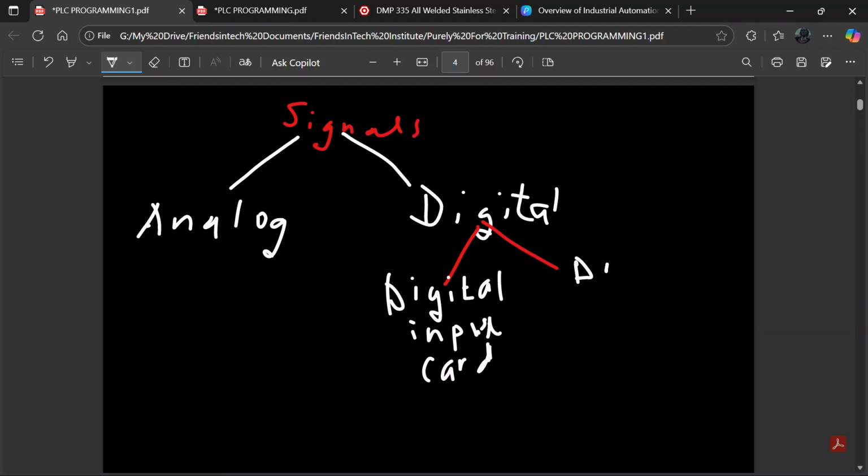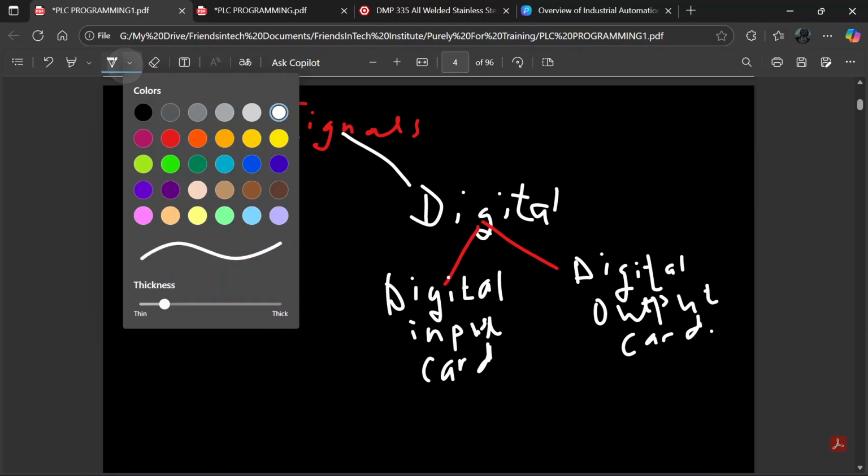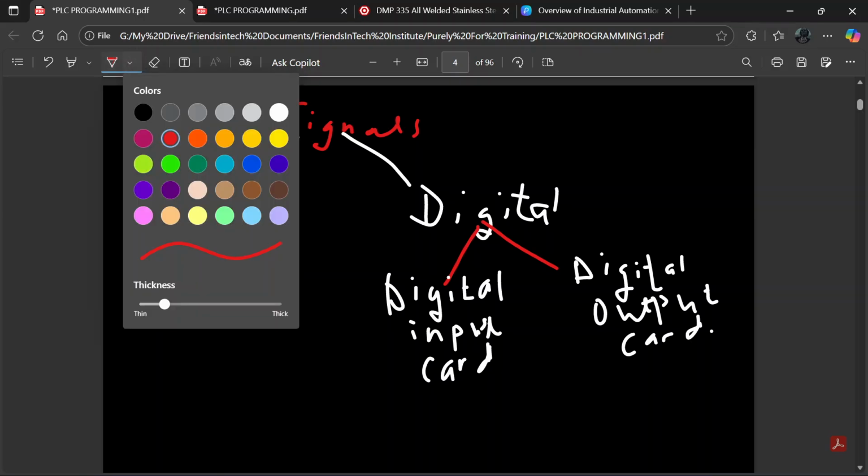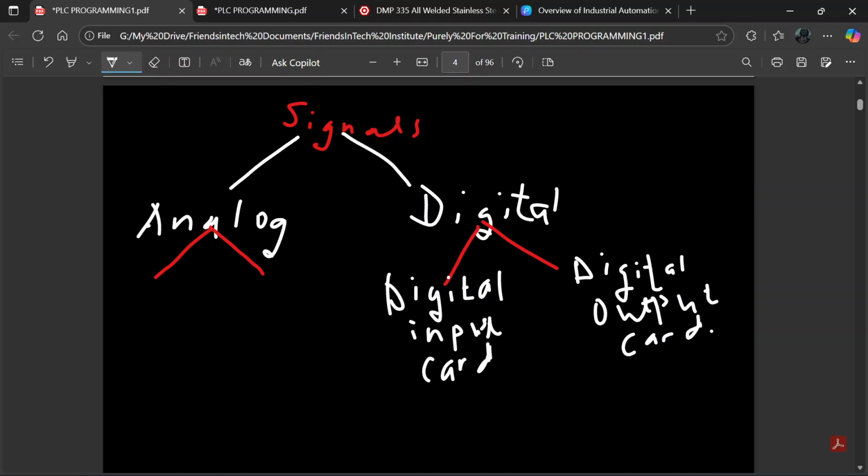Then we have digital output card. And of course, analog, we have analog input cards and analog output cards. Perfect. That's something you should know.